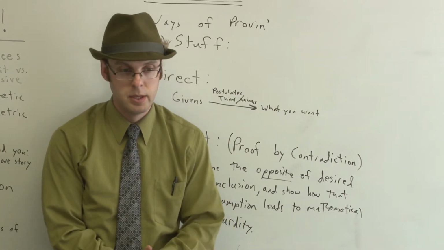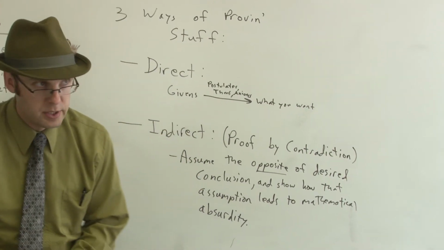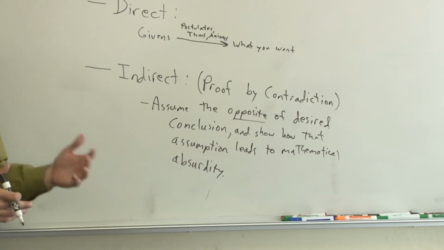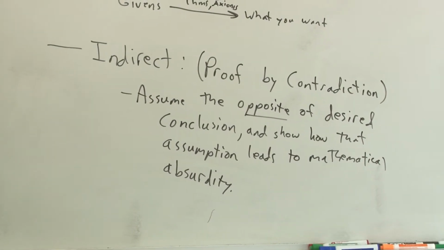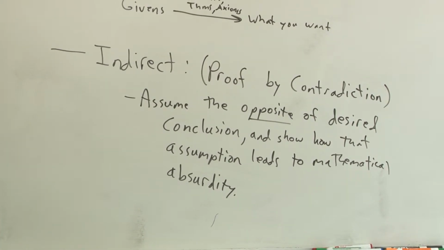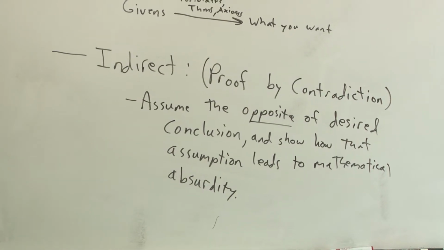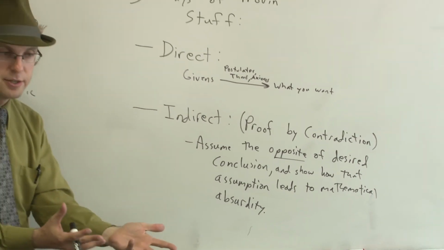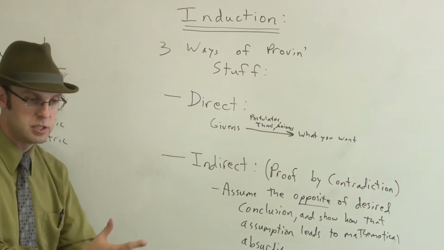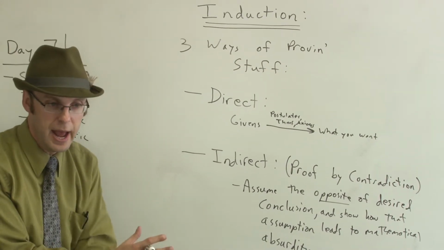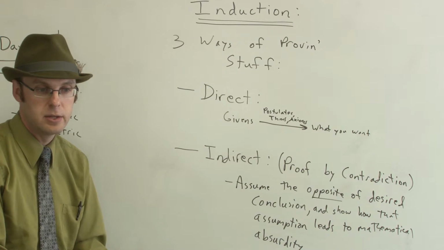Since the opposite of the desired conclusion led to mathematical absurdity, the desired conclusion must in fact be true. So you would say, like, prove that for all even numbers, 5 times that number is even. You would say, well, suppose it wasn't even, suppose it was odd, and then you would work through a series of logic until you discover that that resulted in an absolutely absurd mathematical statement.